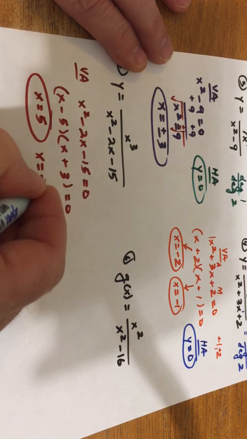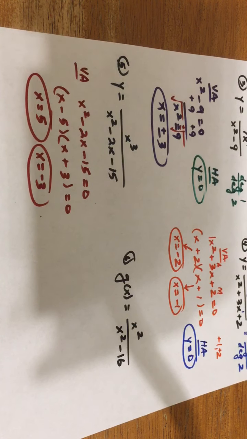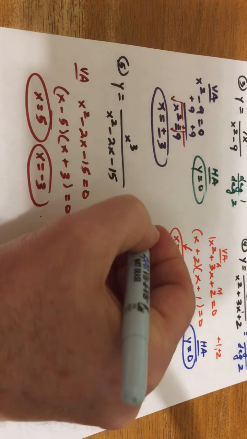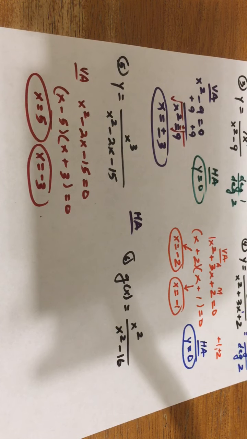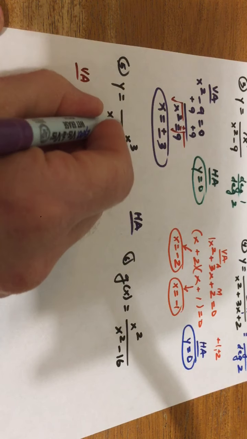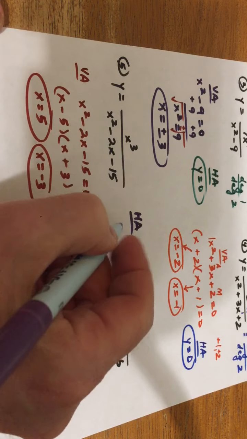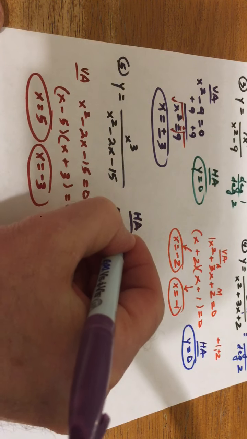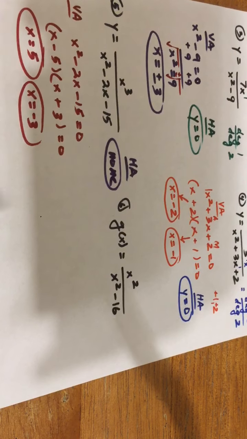X is equal to negative 3 as the second vertical asymptote. Horizontal asymptote. Is it top heavy or bottom heavy? Well, as we take a look, the top is degree 3, bottom is degree 2. You can see that just by looking at it. It's top heavy, so horizontal asymptote, none. All right, try the last one on your own.